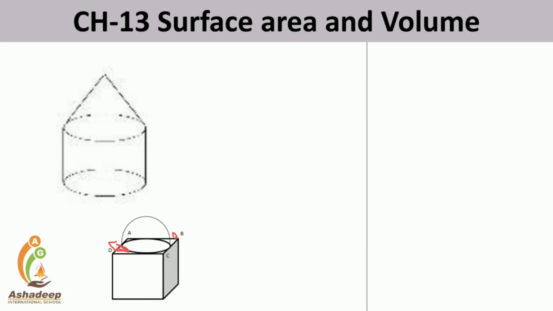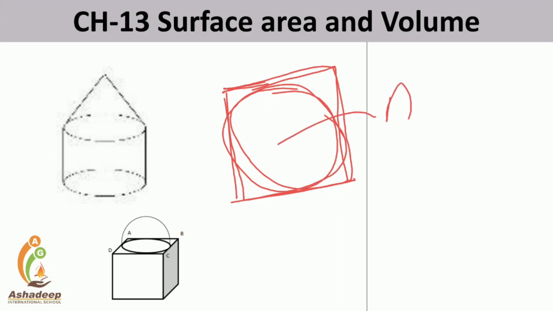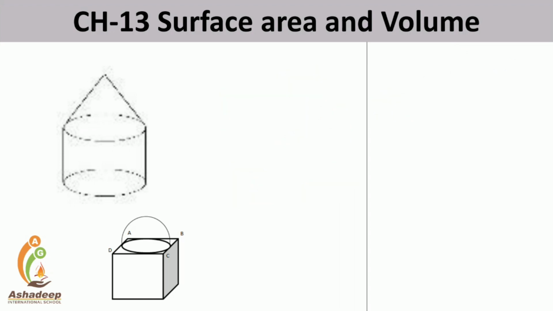If we take the top view, what does the top view look like? It looks like a square circumscribing a circle. So what we have to do here is simple. This square is already considered, so simply a square minus pi r square. Why pi r square? Because the area of a circle is pi r square.